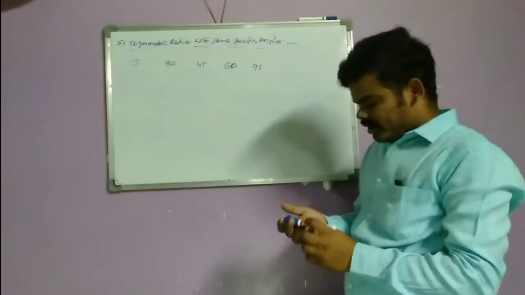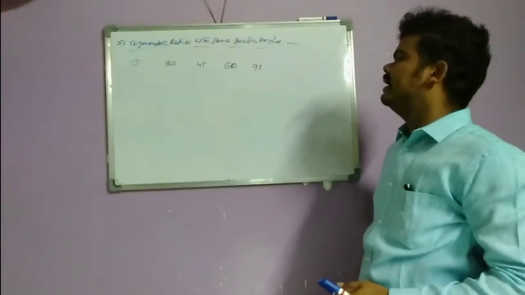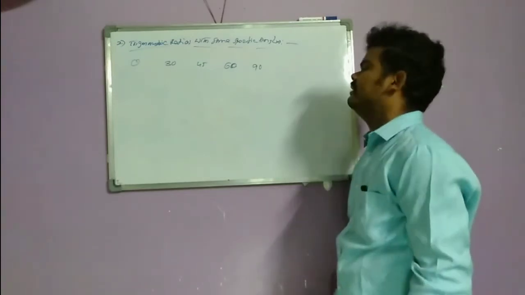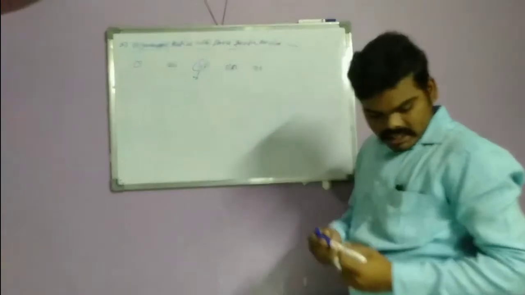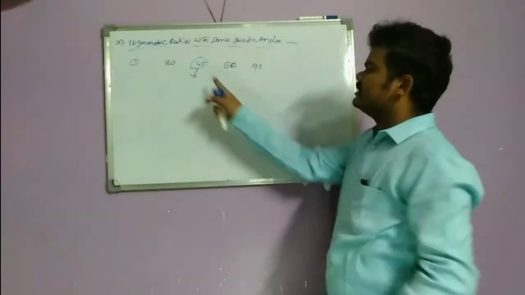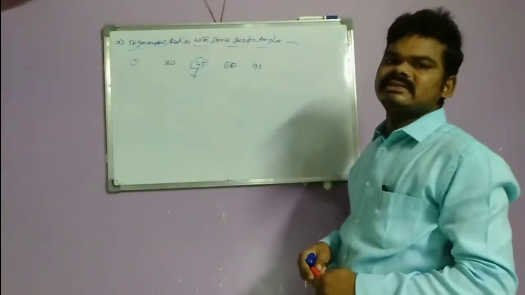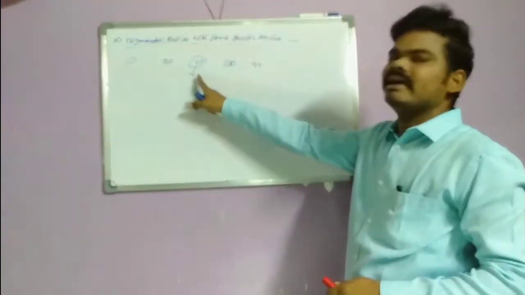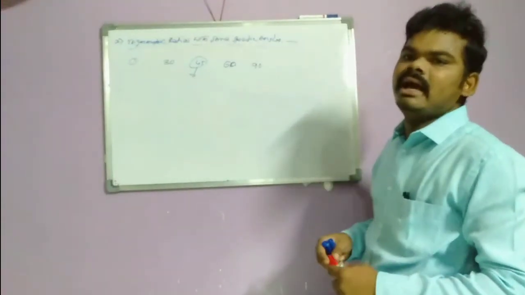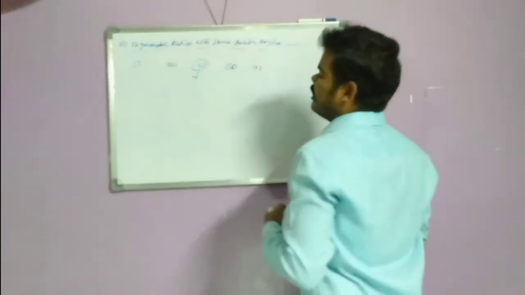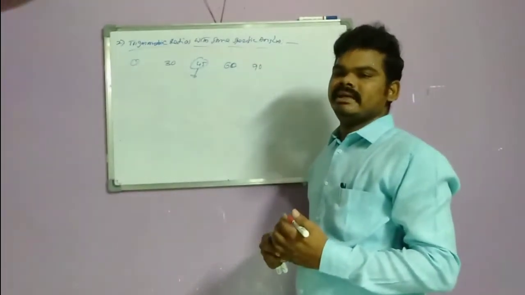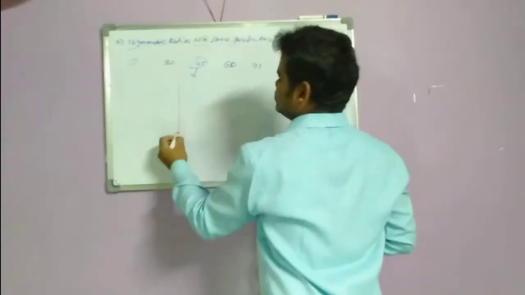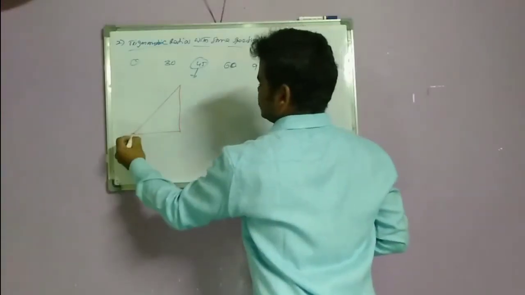Now, what is a 45 angle? Derivation of the 45 angle: a right angle isosceles triangle can be taken for deriving the trigonometric ratios of 45 degrees. What is an isosceles triangle? Here this is a right angle isosceles triangle.